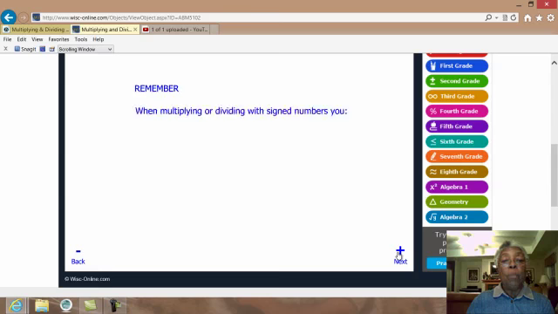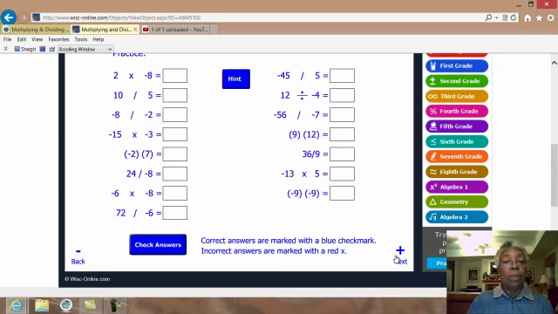Remember, when multiplying or dividing with sign numbers, number one, multiply or divide the numbers. Number two, give your answer the correct sign. So, let's see what we can do with the practice.